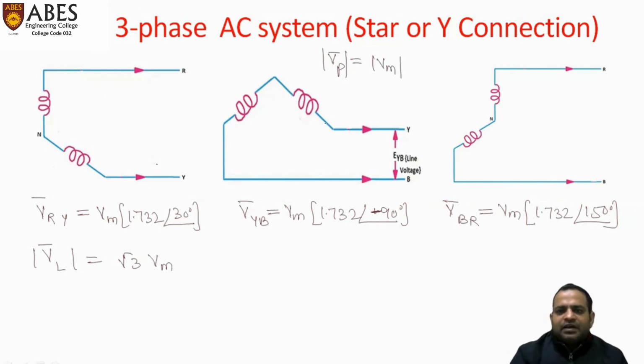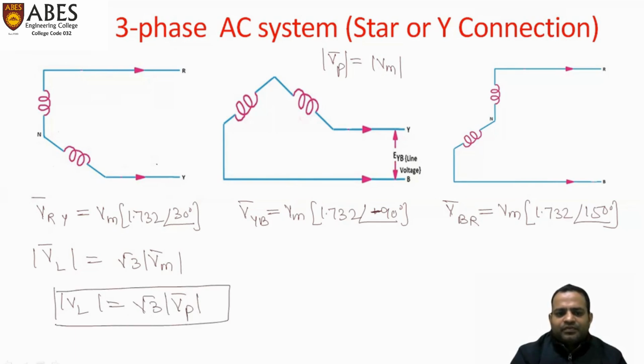So if we replace Vm with Vp, we get the relationship VL is equal to root 3 times Vp. This is our voltage relationship. And initially, we got IL is equal to IP. So these are the two relationships for line and phase voltages and currents.